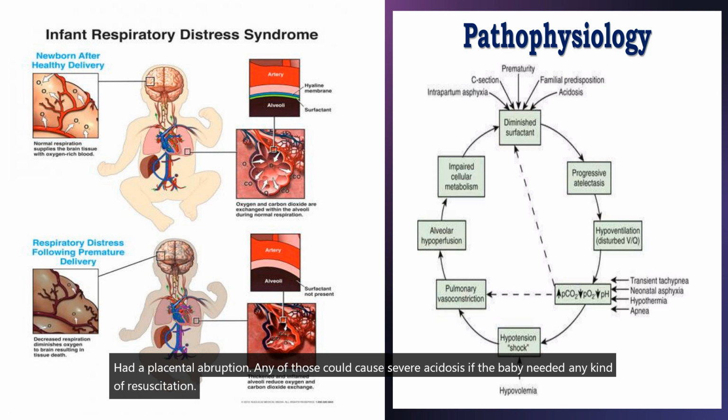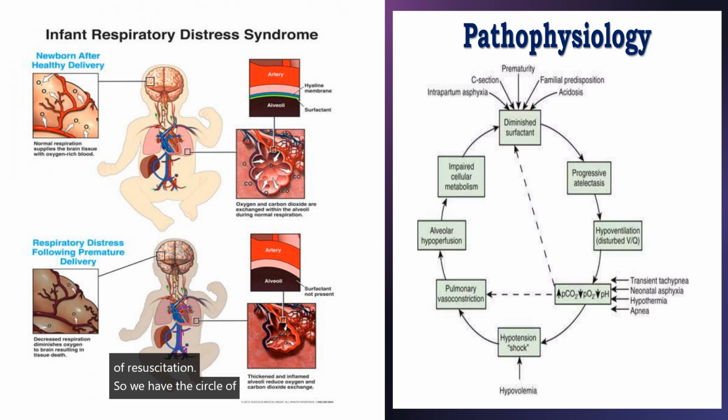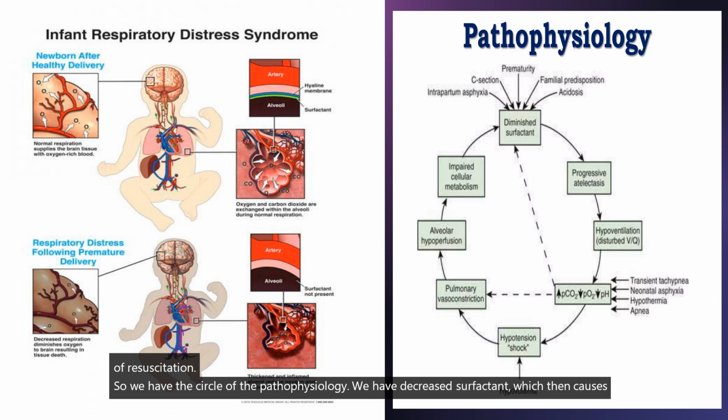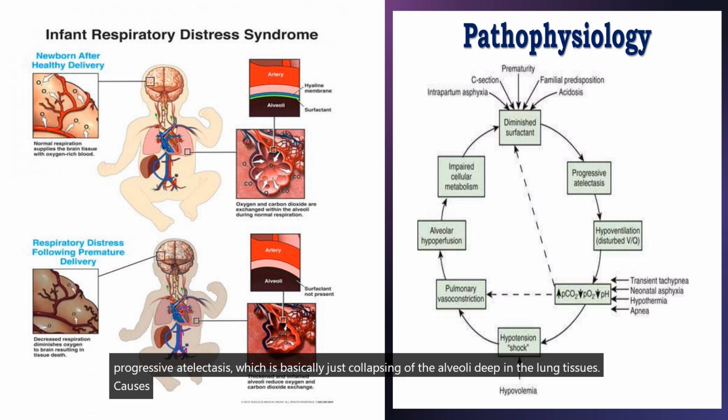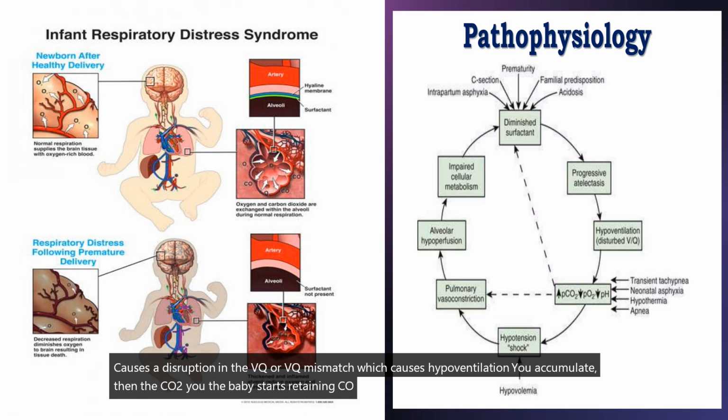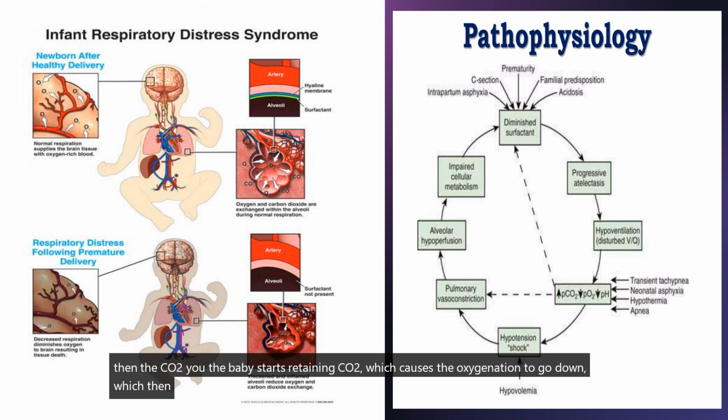So we have the circle of the pathophysiology. We have decreased surfactant, which causes progressive atelectasis, which is basically just collapsing of the alveoli deep in the lung tissues, causing a VQ mismatch, which causes hypoventilation. The baby starts retaining CO2, which causes the oxygenation to go down, which then forces the pH down.